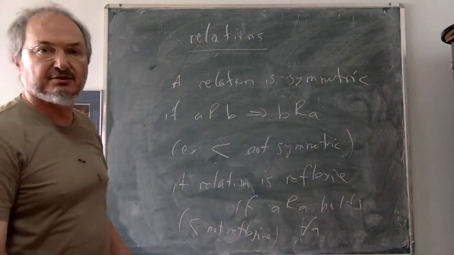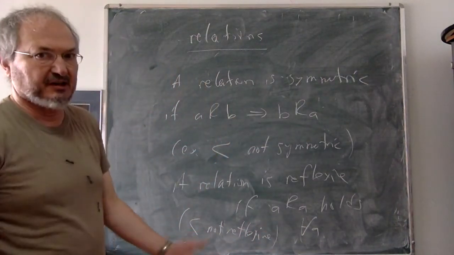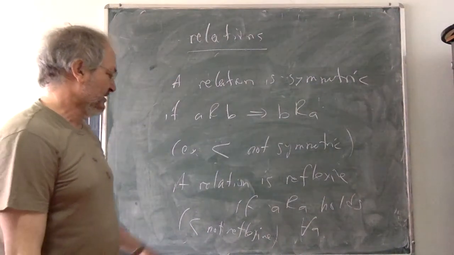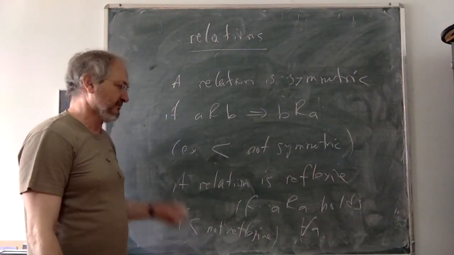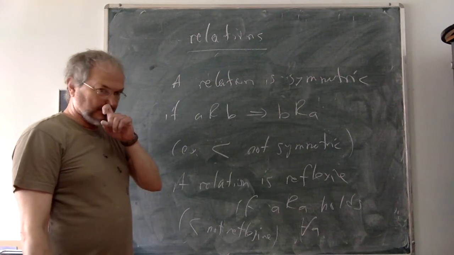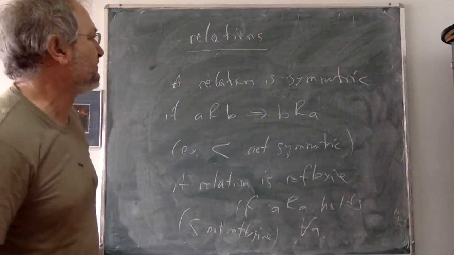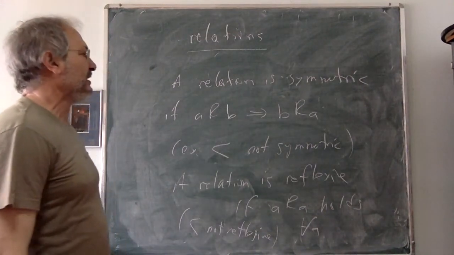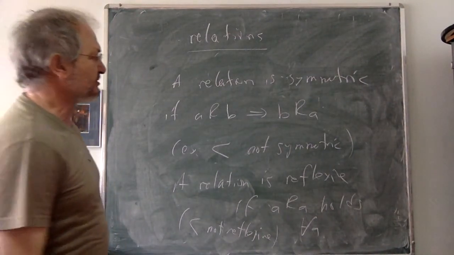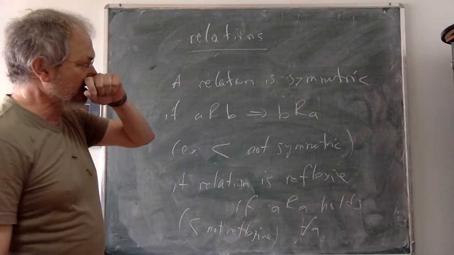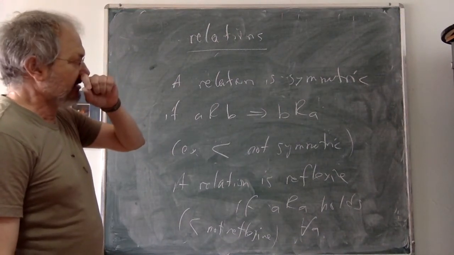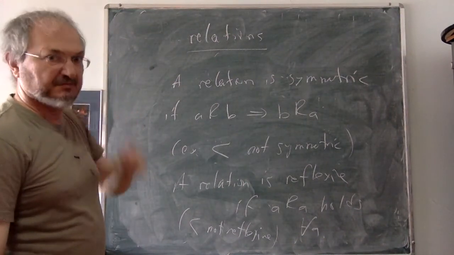But equal relation is, because if A is equal to A, 3 is equal to 3. But this is not reflexive, because 3 is not less than 3. Okay. So an equivalence relation is a relation which is symmetric, transitive, and reflexive.